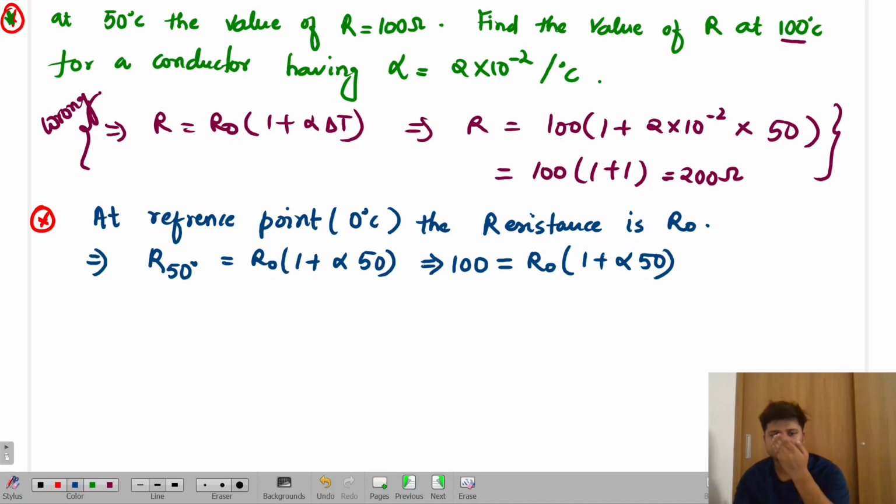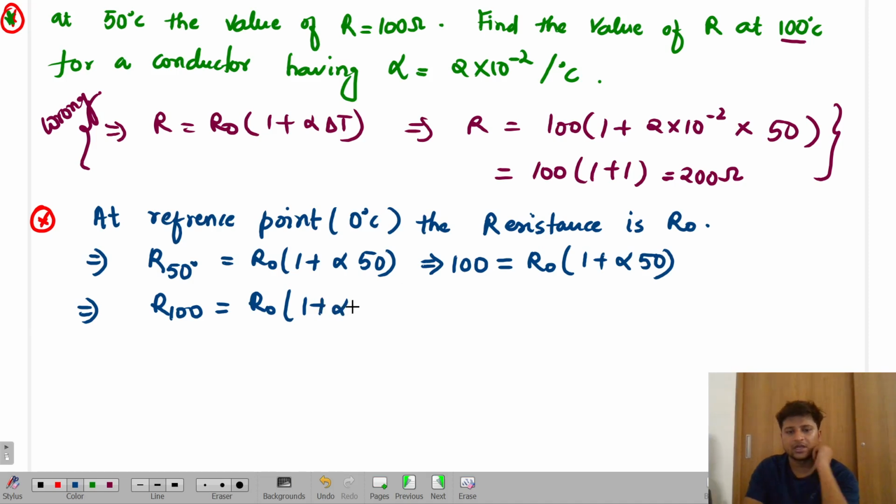Are you able to get me or not? Then I can define R at 100 with respect to R naught, 0 degree centigrade. It will be R naught (1 plus alpha into 100 minus 0, which is 100). And this implies R at 100, which I have to find, is equal to, basically I can write the same equation. Are you able to get me or not?